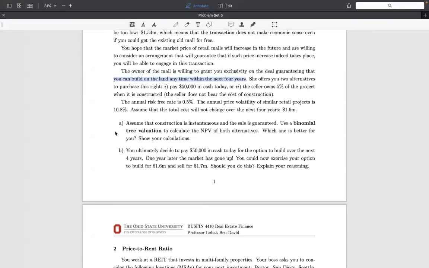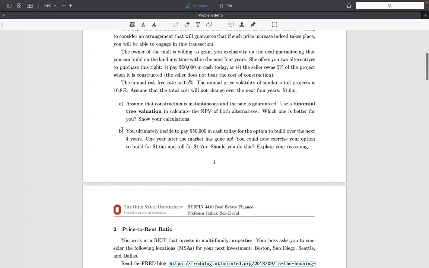In question B, you ultimately decide to pay this in cash today and build over the next 4 years. 1 year later, the market goes up. You could now exercise your option to build for 1.6 million, which is the same cost, and sell it for 1.7 million.